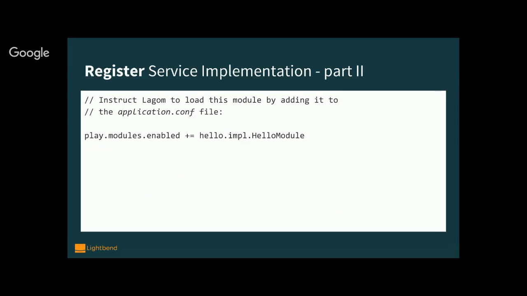When you create a module in your configuration, you say, okay, here's my module, hello impl, hello module, and then add it as an enabled play module, and then it'll spin up. So again, it's driven by configuration in that sense. It's a very powerful mechanism.